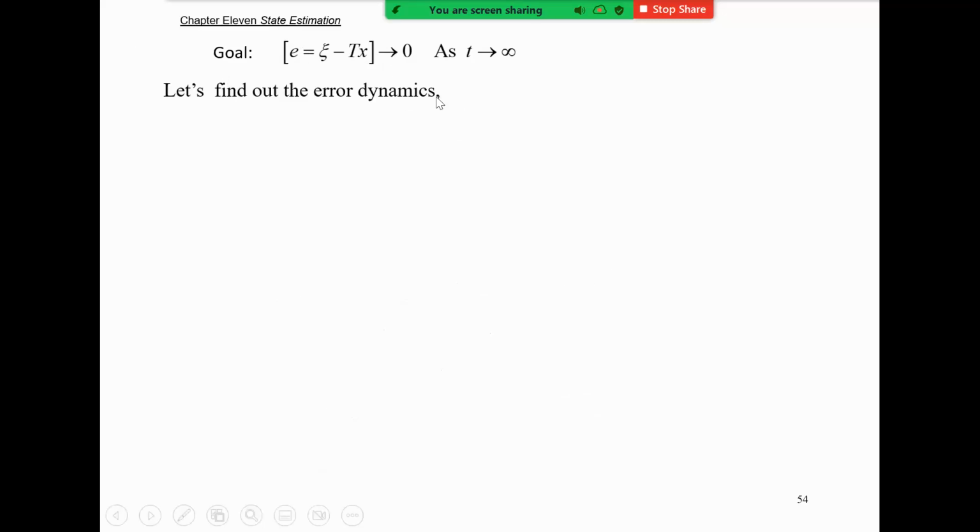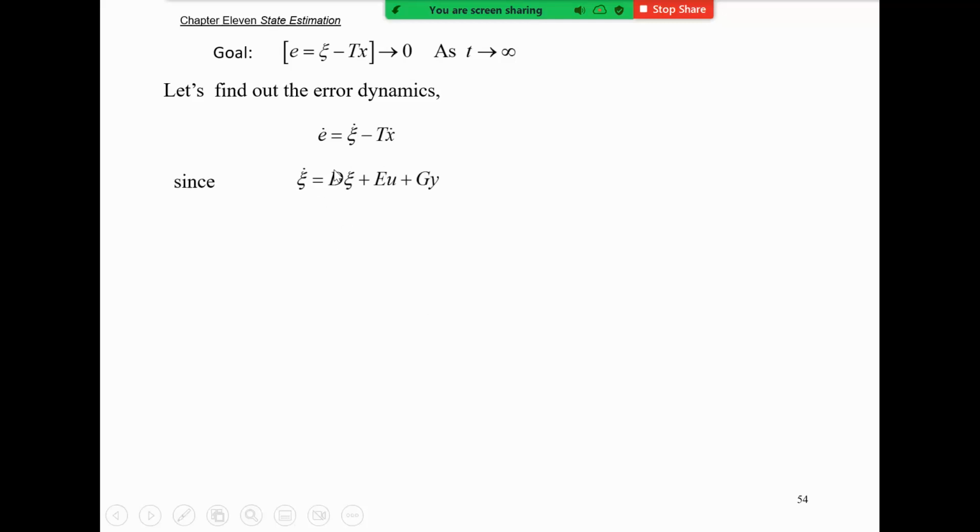So let's write down the equations for the error. We want to get the equation for e dot, the change rate of the estimation error, which of course is C dot minus T times X dot.